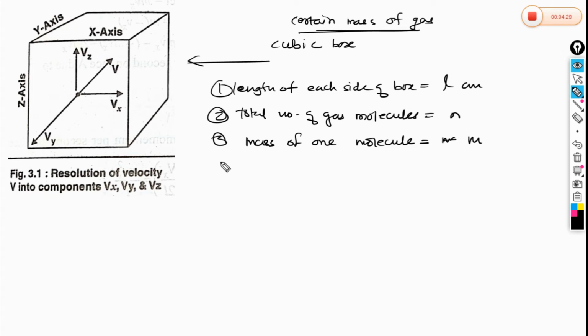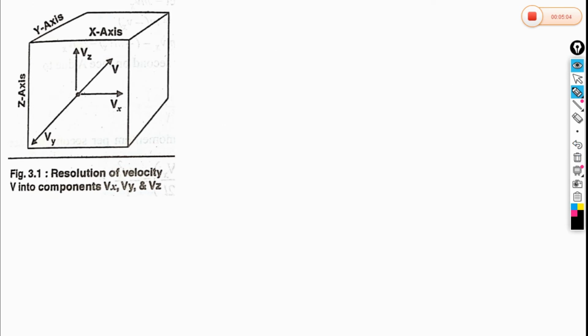And the last one is the velocity of a molecule, equal to small v. After considering this, the kinetic equation may be derived in the following steps. There are different steps involved in the derivation, so one by one we'll see the steps.